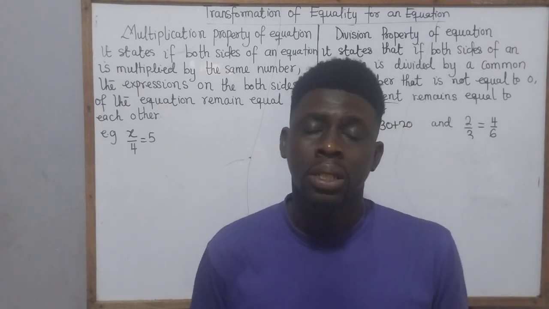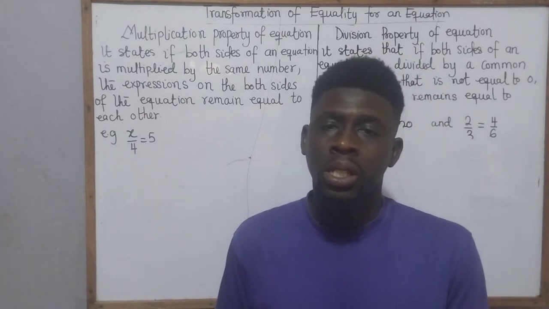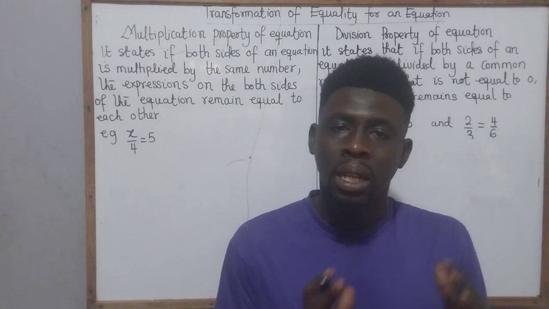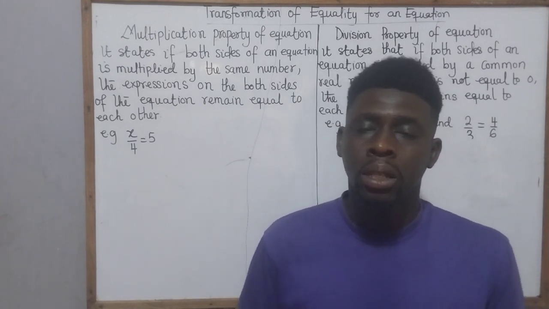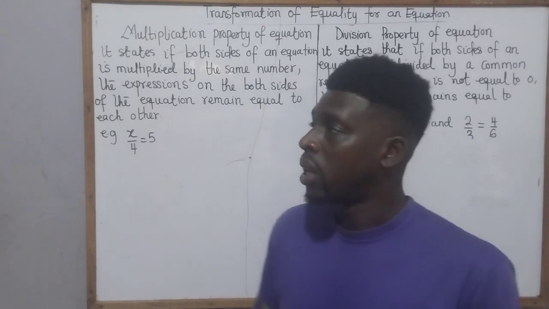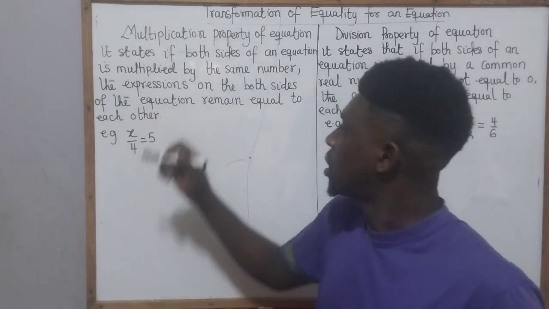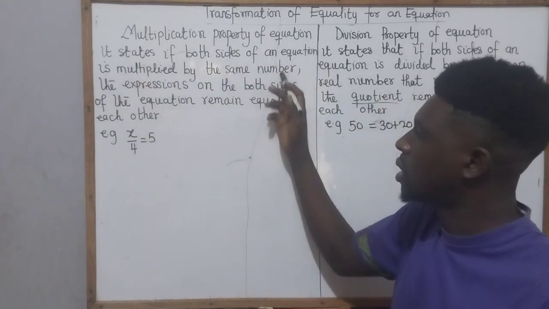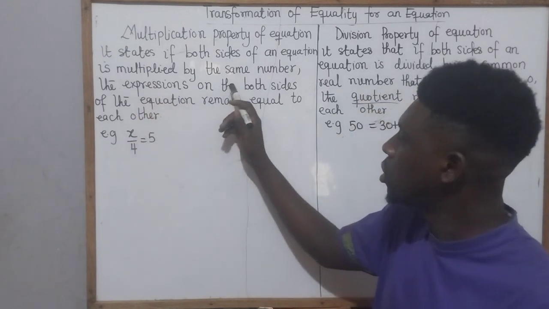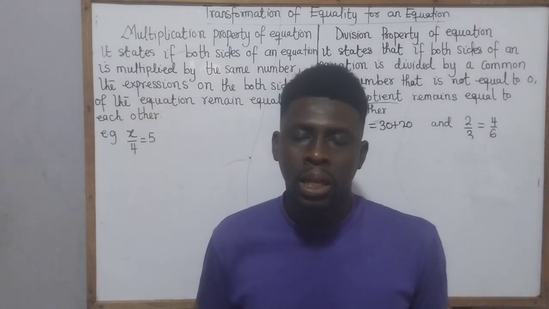In our previous lesson, we realized that an algebraic equation is an equation with two sides, that is the left-hand side and the right-hand side, which is separated by an equality sign. Then the multiplication property of equality states that if both sides of an equation are multiplied by the same number, the expressions on both sides of the equation remain equal to each other.